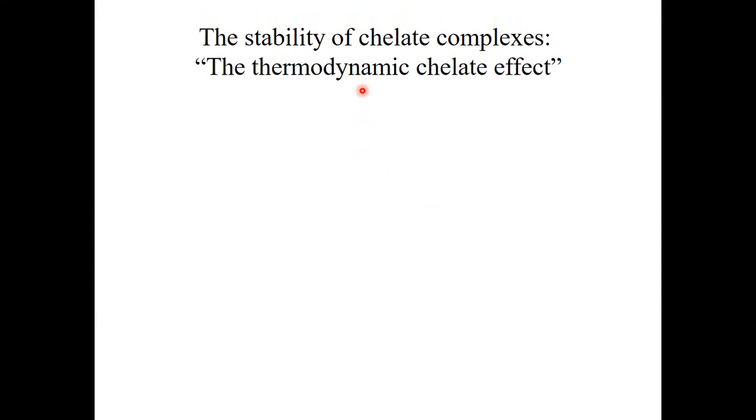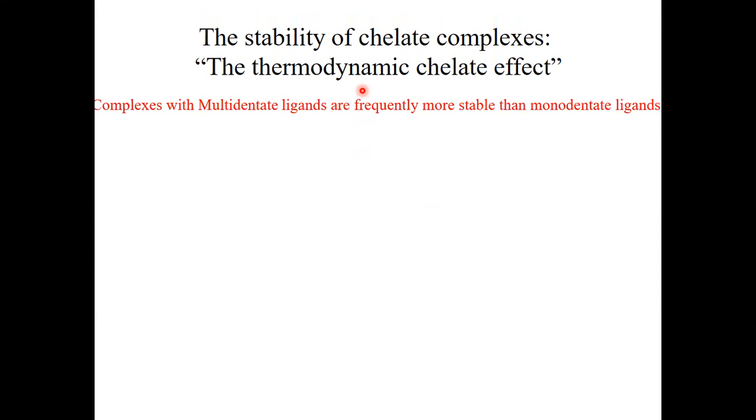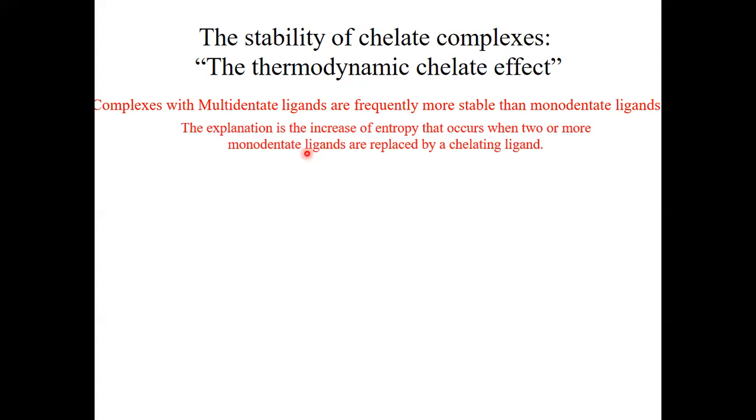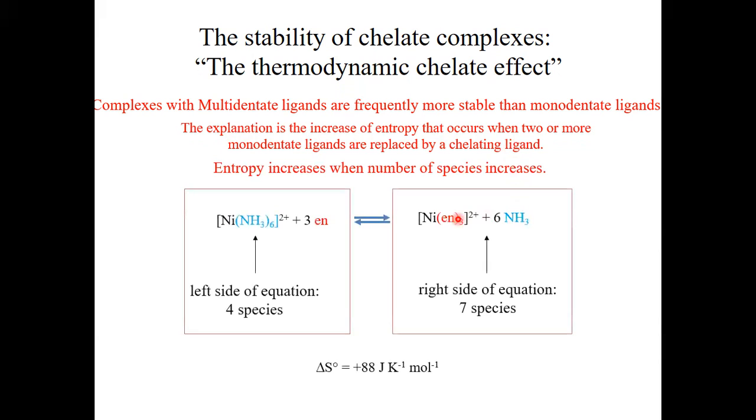And the answer is entropy causes it. Okay. So there's an increase of entropy when 2 or more monodentate ligands are replaced by chelating ligands, and we can easily see this when we compare the number of species on the left side of the equation with the number of species on the right side of the equation. So an example for that is here.